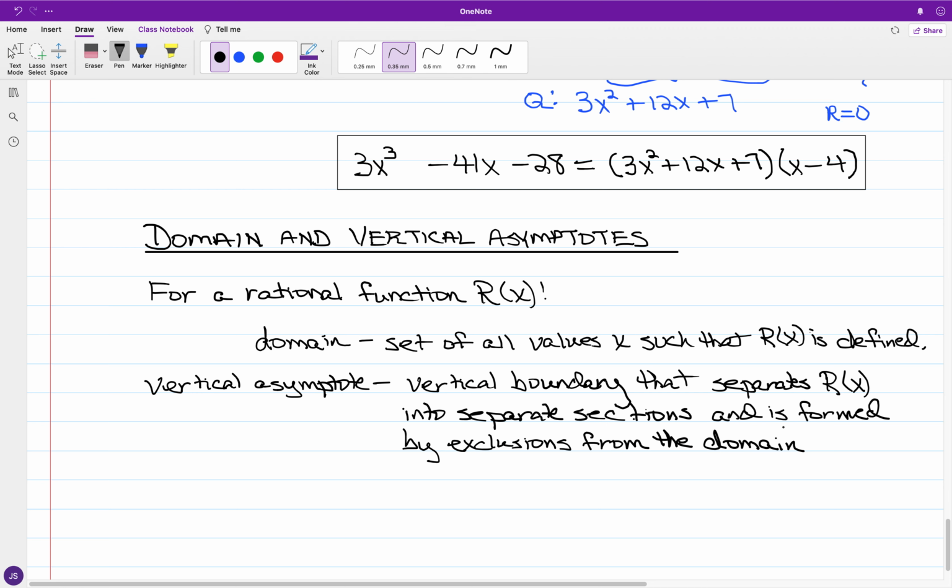And you have those exclusions from the domain whose factors remain. Now place emphasis on this. It's going to be whose factors remain after r of x is reduced to lowest terms.